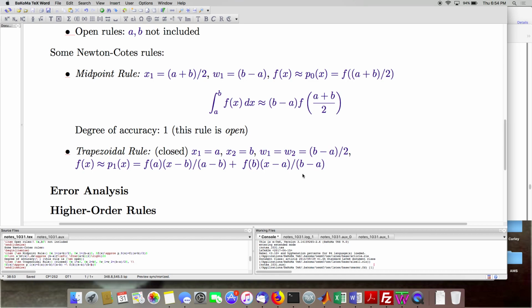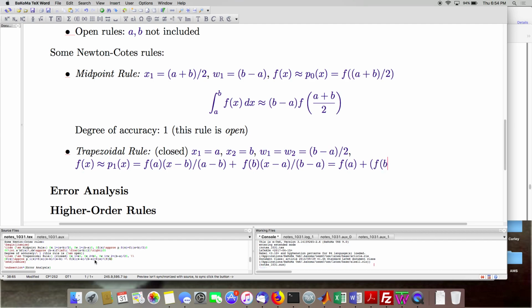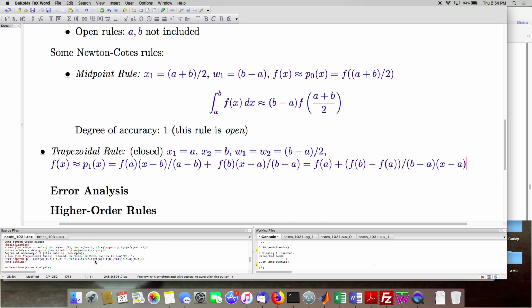I could have written it in slope-intercept form also. So I could have written it as f of a plus, with the slope f of b minus f of a over b minus a, times x minus a.